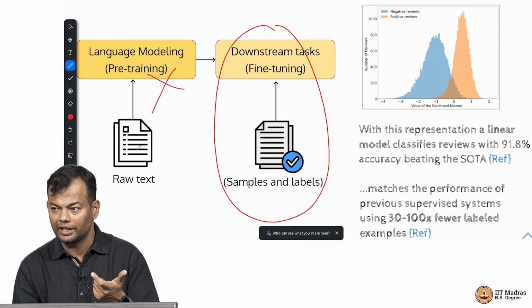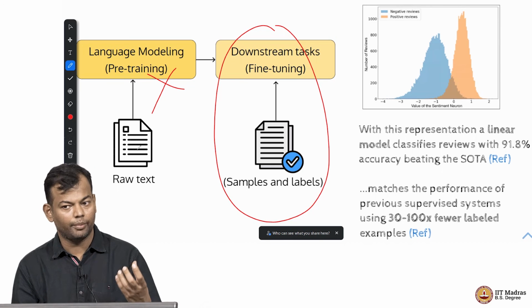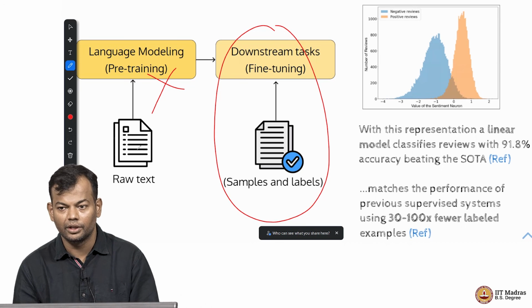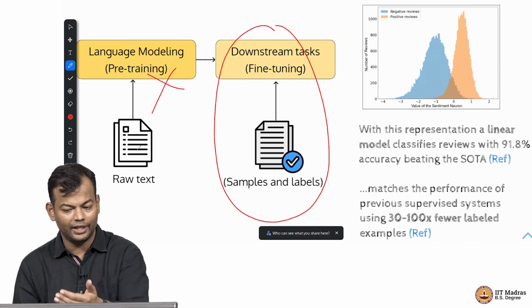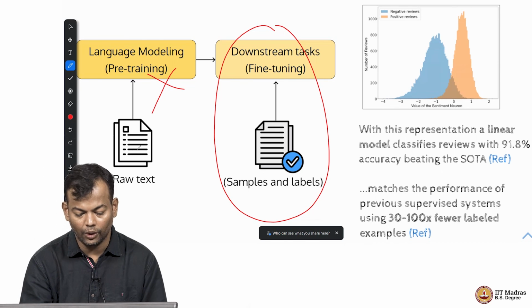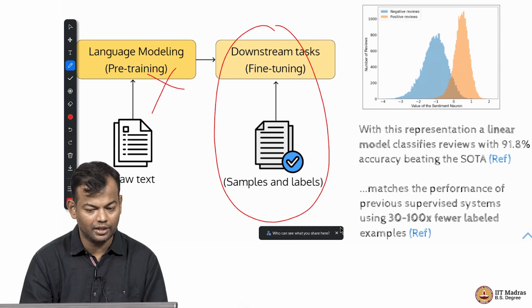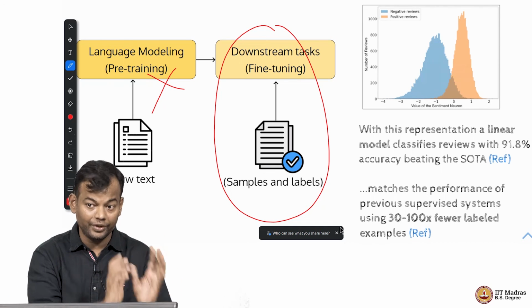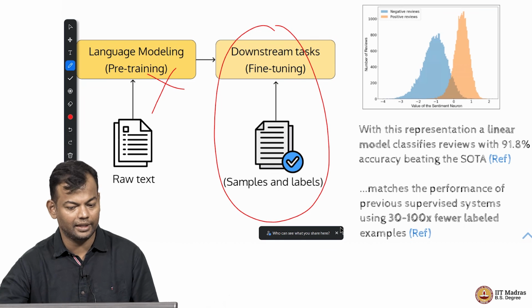So that's the intuition that we wanted, that if I have learned a lot about the language with minimum data, I should be able to learn these tasks well, and that is what was shown by some of the earlier works. You can click on the references and see what the papers talk about, right? Okay, so that's the motivation behind what is known as pre-training. Now, what is the connection between pre-training and language modeling is something that we will see next.